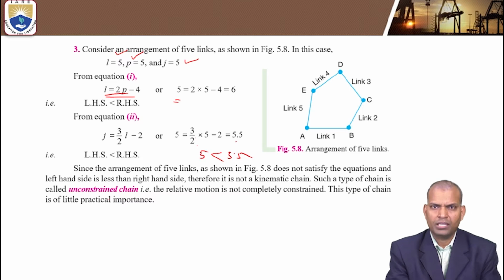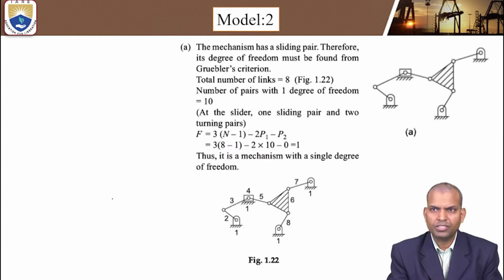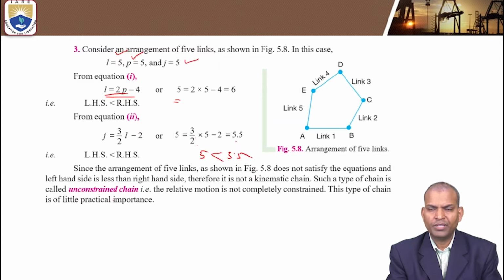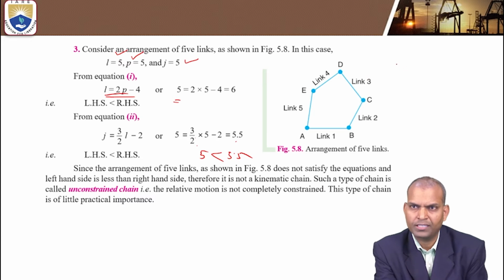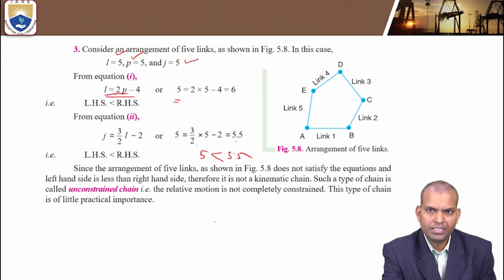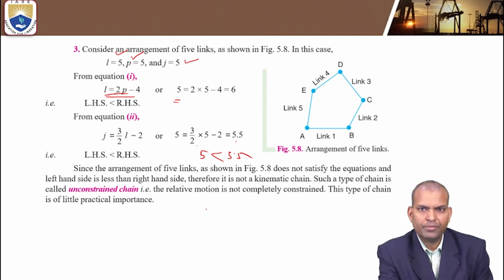Now what should it be? It should be LHS equal to RHS. So let me check the 4-bar mechanism. Use it here, whether it satisfies this kinematic chain equation or not.